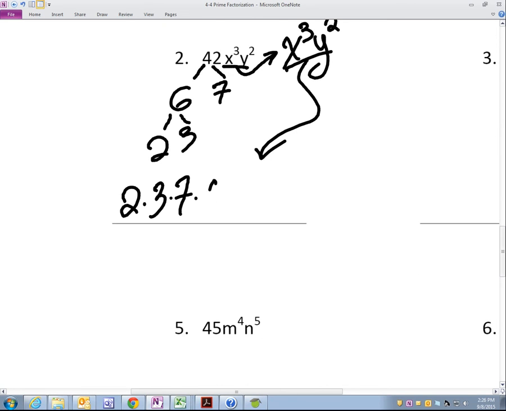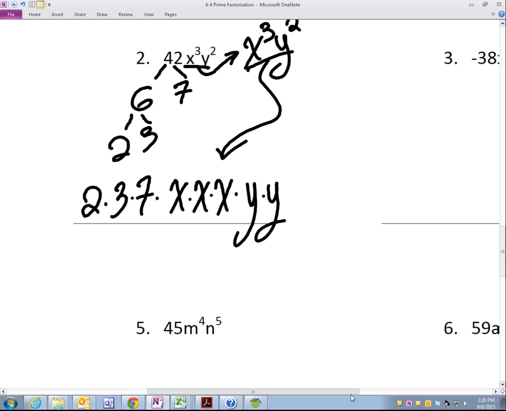And there are 3 X's and 2 Y's. Now that's how you get the answer to that one. 42 x cubed y squared.